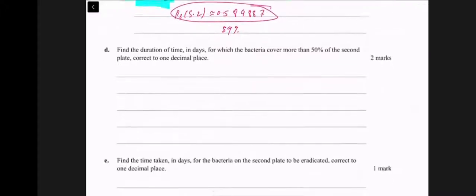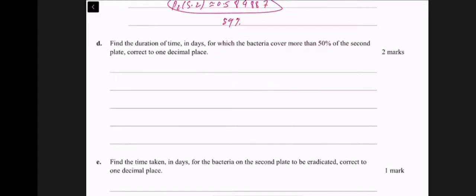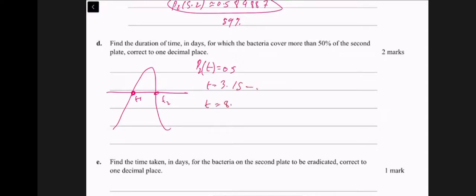So find the duration of which the bacteria stays covered more than 50%. So I think the graph kind of looked like this, and you had 2 values here, and those were T1 and T2. And if you solve for P2(t) equals 0.5, I think you get t is 3.15 something, and t is 8.0926 something.